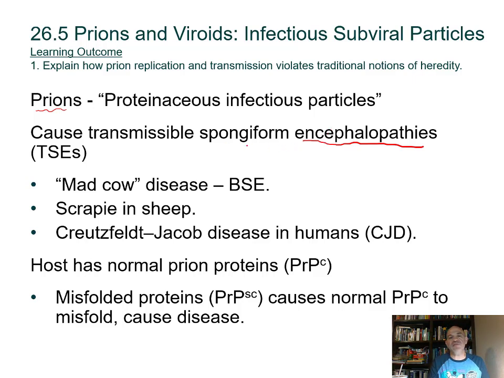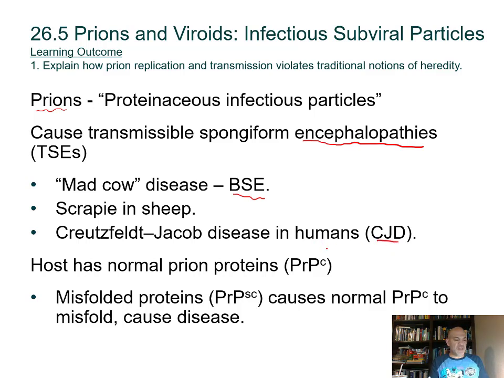This is spongiform because this causes the degeneration of nervous tissues, wherein the diseased brain looks like a sponge because so much of the tissue is wasted away. There's different types. There's bovine spongiform encephalopathy, which is what BSE stands for, also known as mad cow's disease. Then there's scrapie in sheep, and then Creutzfeldt-Jakob disease in humans, or CJD.